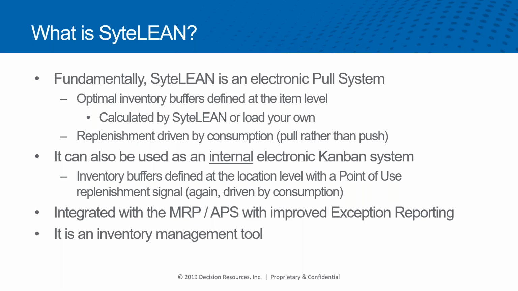All of you probably know that MRP is completely quiet about an item unless you need to buy more, or cancel a PO, or move a PO around. It doesn't really ever tell you if you have too many or too few. And with SyteLEAN, we have that additional information.